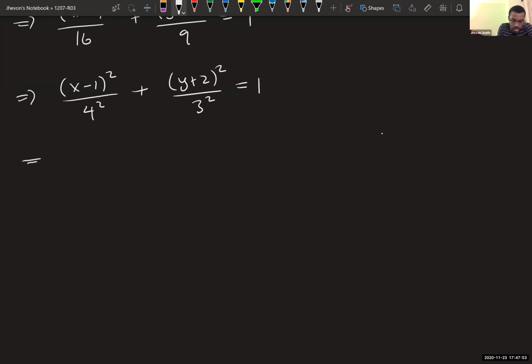And at this point, it's clear that it's an ellipse. Is it going to stretch more horizontally or vertically? Horizontally, because the bigger base is underneath the x.